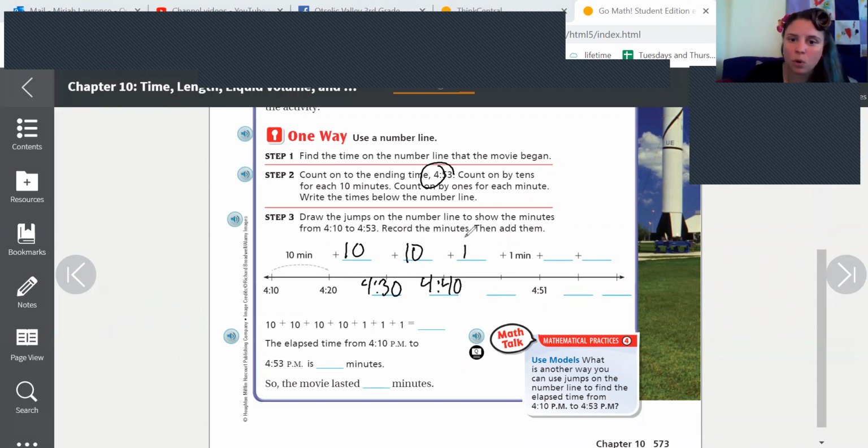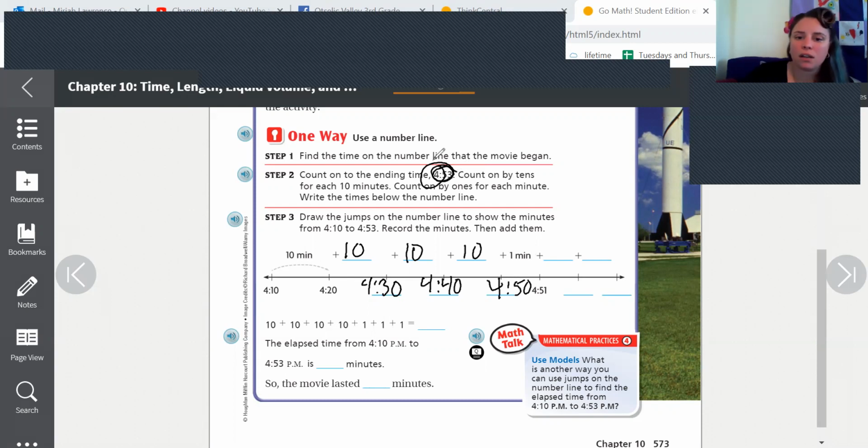If we add 10 more, 40 plus 10 is, 50, okay? And now that we've gotten to 50, we go 10 more, we'll get to 4:60 or 5 o'clock, and that's too far. That's not what we wanna know. We wanna know how much time it takes to get to 4:53. It says right up here, 4:53.